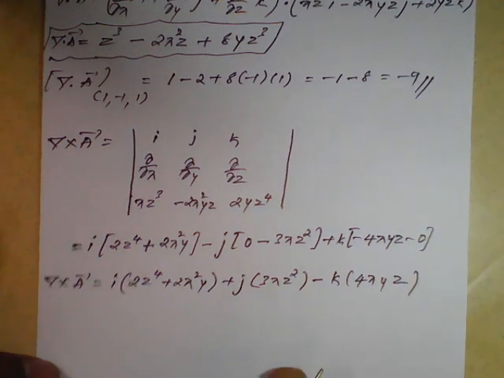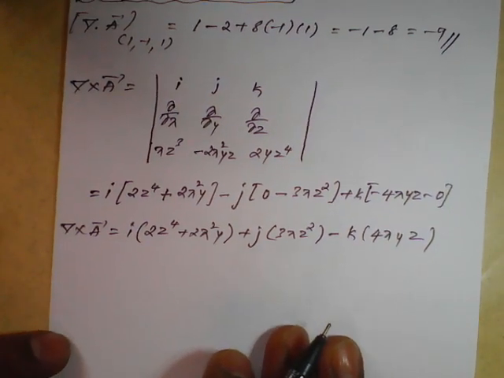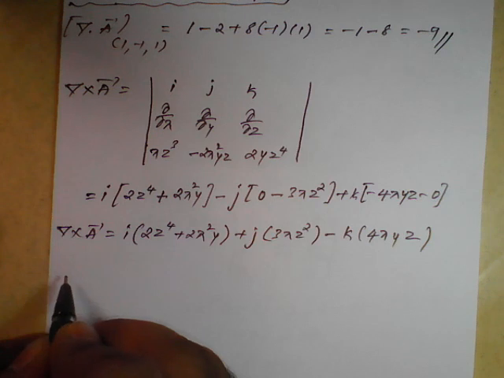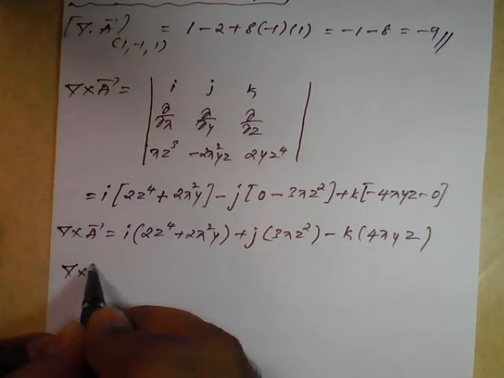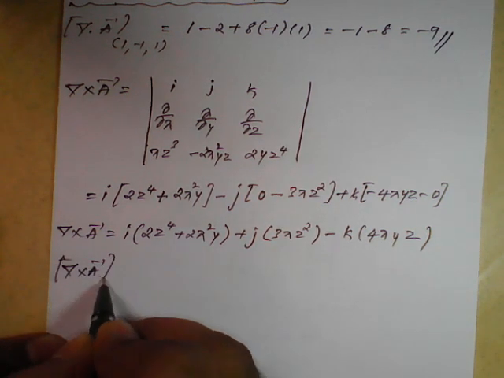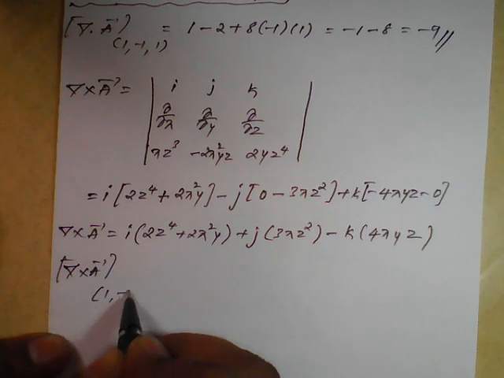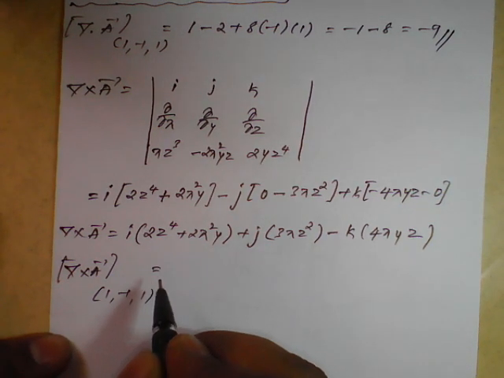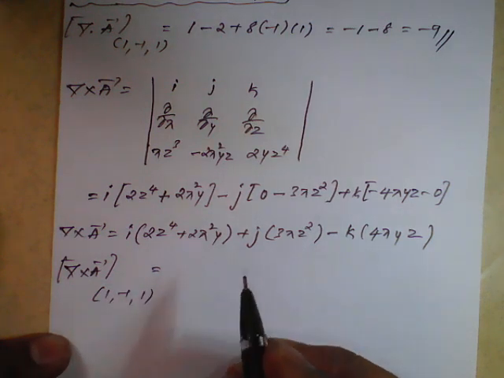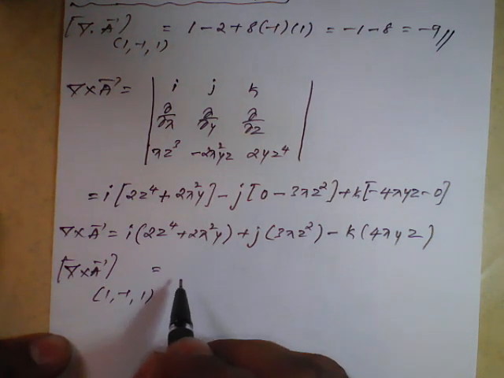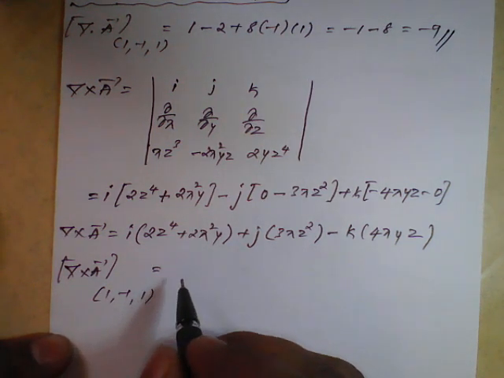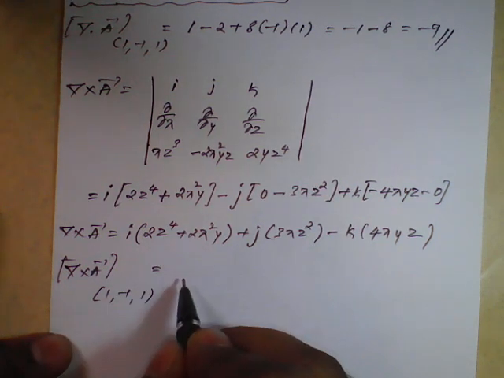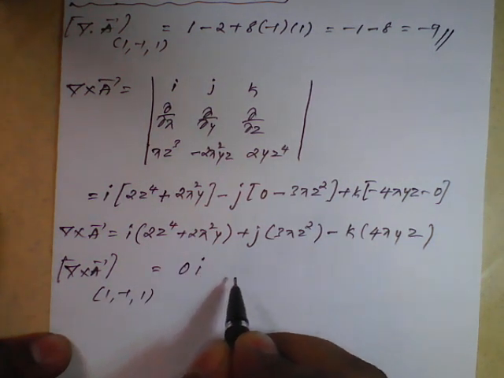So this we need to pass through the point 1, minus 1 and plus 1, that is del cross vector A. If you pass through the point 1, minus 1 and plus 1, we get the result as, this will become 0 i.